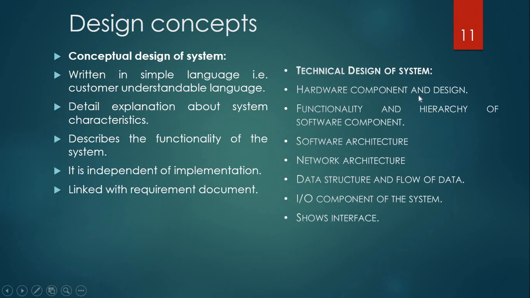In it, hardware components and design will be there. Functionality and hierarchy of the software components will be there. Software architecture, network architecture, data structure and flow of data will be there. Input output components of the system, and it shows the interfaces. So this is the conceptual design system and this is the technical design system. Conceptual at the user end and technical at the developer end.